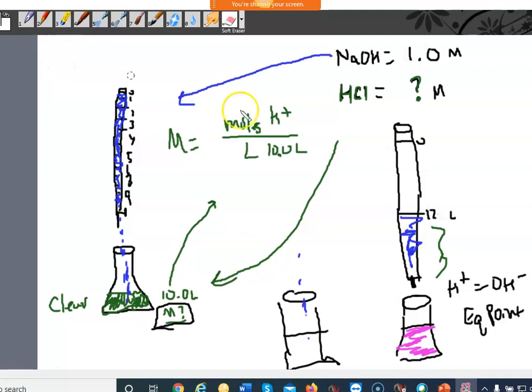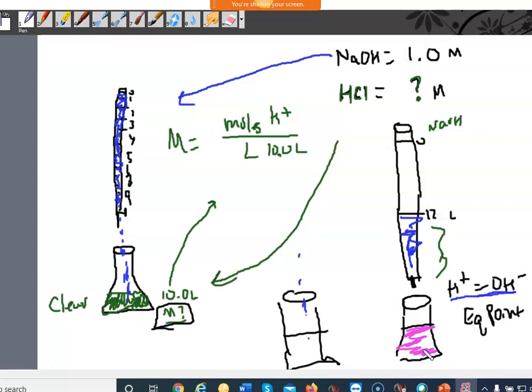Okay? So in order to find out how many moles of sodium hydroxide I use, remember, this is our sodium hydroxide. If I find out how much sodium hydroxide I use, remember, that's equal. If I use 3 moles of sodium hydroxide, how many moles of acid are in here?